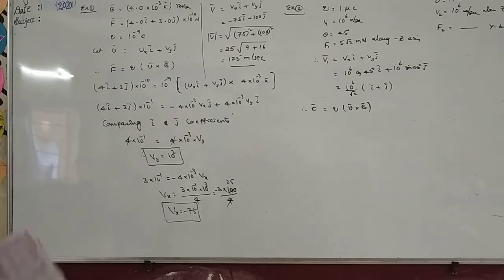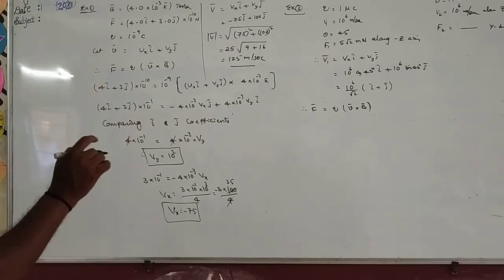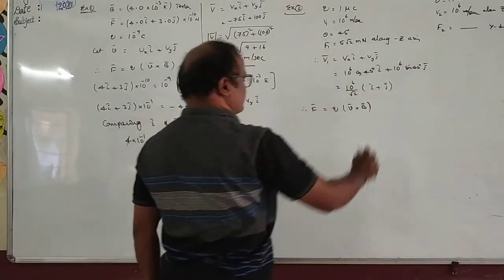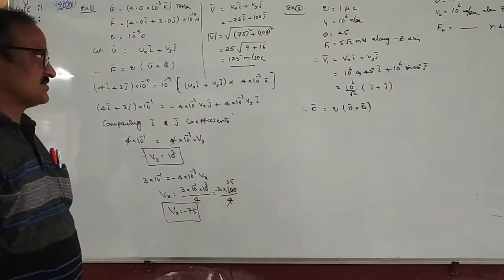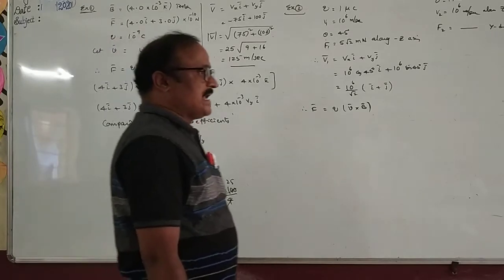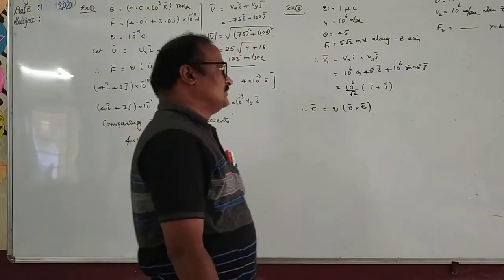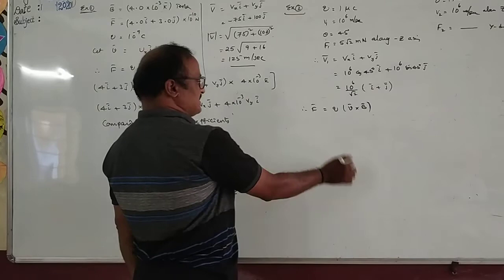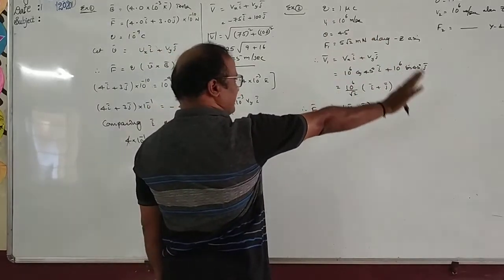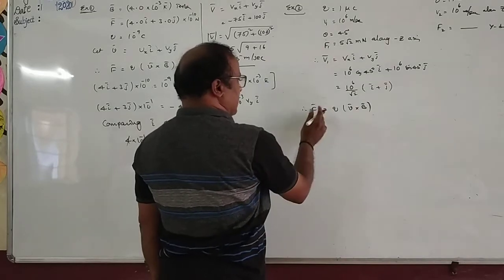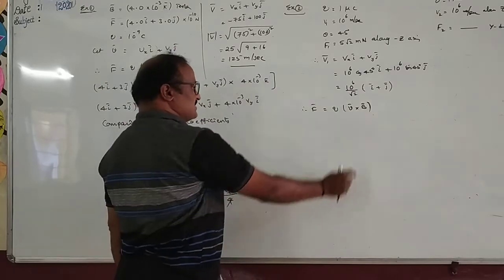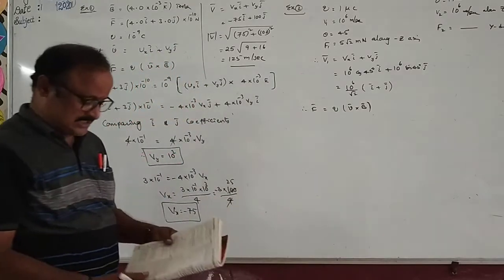The charged particle is moving in the xy plane, so its velocity is in the xy plane, and the force is along the negative z-axis. The direction of the magnetic field can be found using Fleming's left hand rule. According to that, F bar is perpendicular to V bar, and V bar is lying in the xy plane, and F bar is along the negative z-axis. That's why B bar must be lying along the positive x-axis.